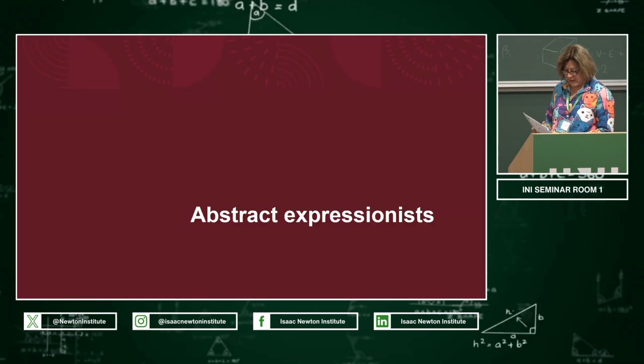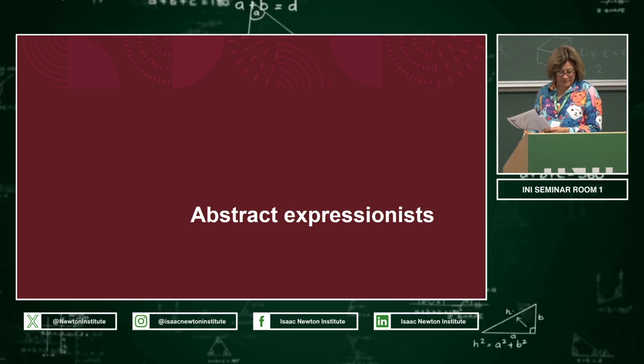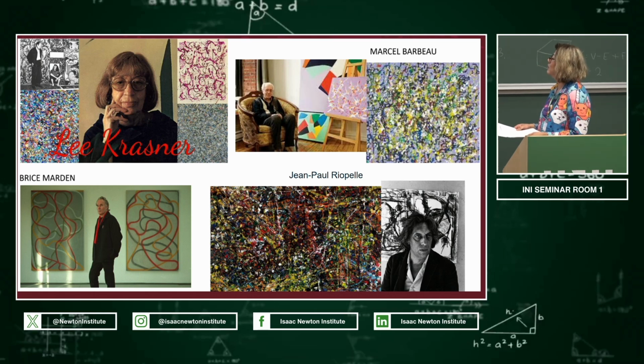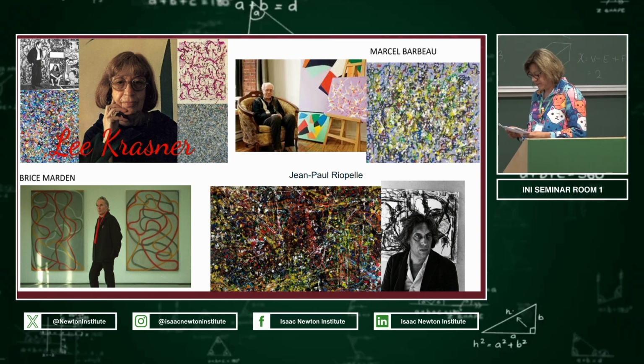Okay. Given the background of Pollock's study, we took on the task of selecting works from different abstract expressionists. Lee Krasner, Marcel Barbeau, Brice Marden, Jean-Paul Riopelle were some of the selected artists, with some of their works meeting our selection criteria.